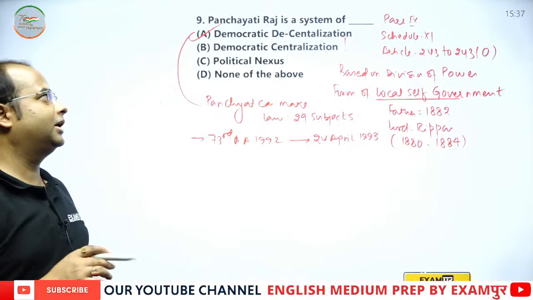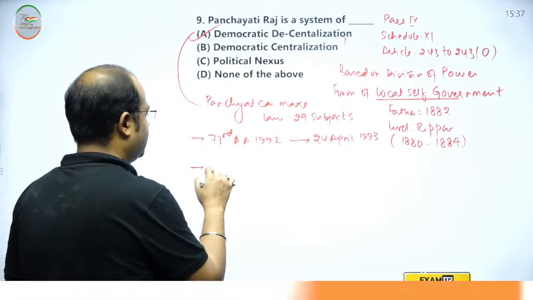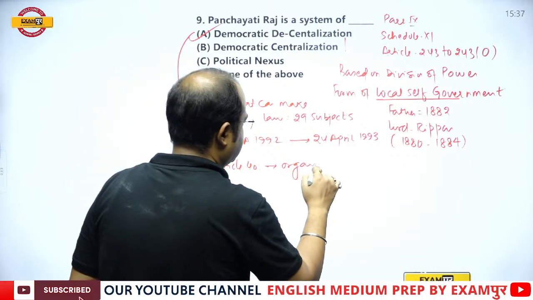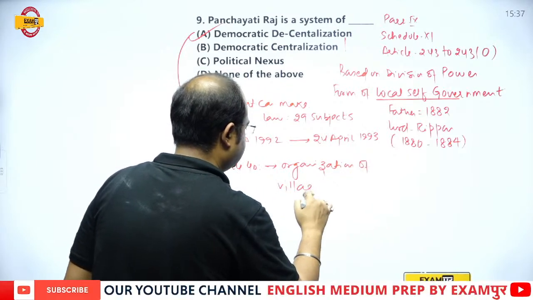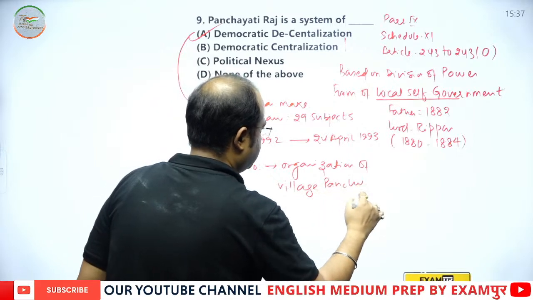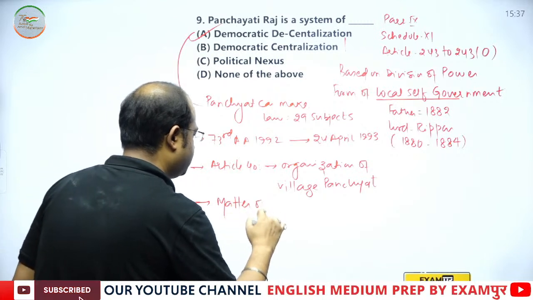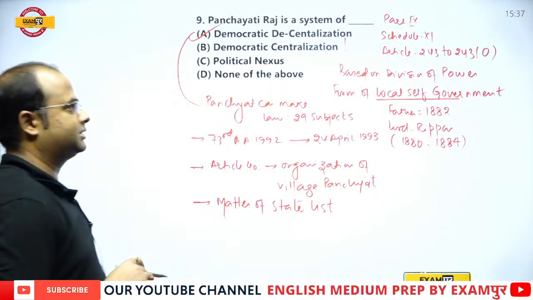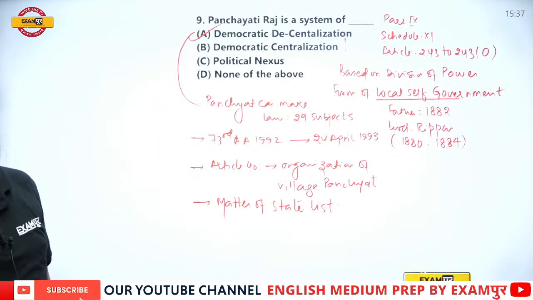Earlier it was mentioned in Article 40, that is organization of village panchayats, and it is a matter of the state list. Therefore the correct answer will be option A, democratic decentralization.